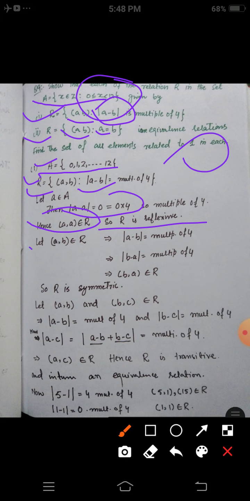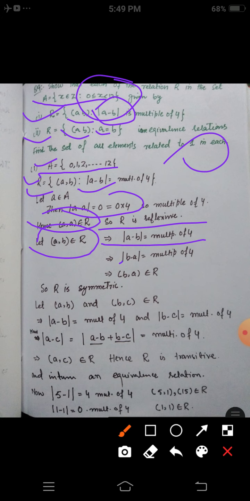Now let (a, b) belong to R, meaning (a, b) is any element of this relation. This implies by the definition that |a − b| is a multiple of 4. Here |a − b| being a multiple of 4 implies that |b − a| is a multiple of 4, because if a − b is a multiple of 4, the difference for b − a is only in sign.